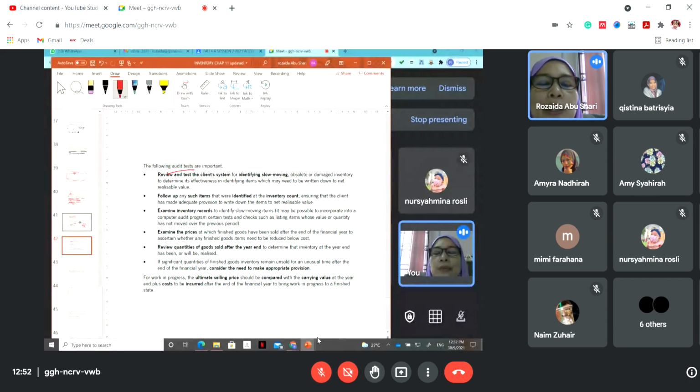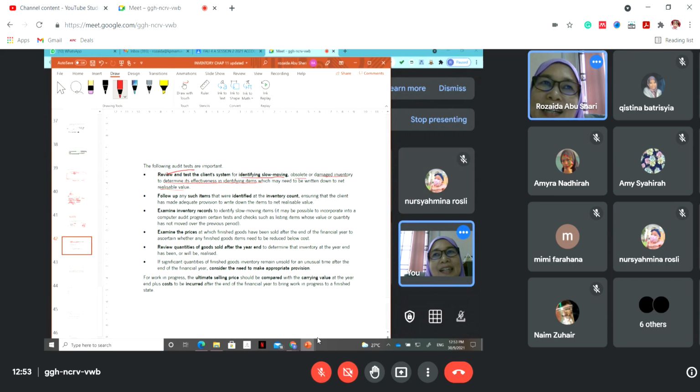So when you want to perform the audit test for cost versus NRV, you have to review and test the client system for identifying slow moving item, obsolete item or damaged item of inventory to determine its effectiveness in identifying item which may need to be written down to net realizable value. So sometimes when you go to the supermarket, you dah lama tak pergi supermarket kan?